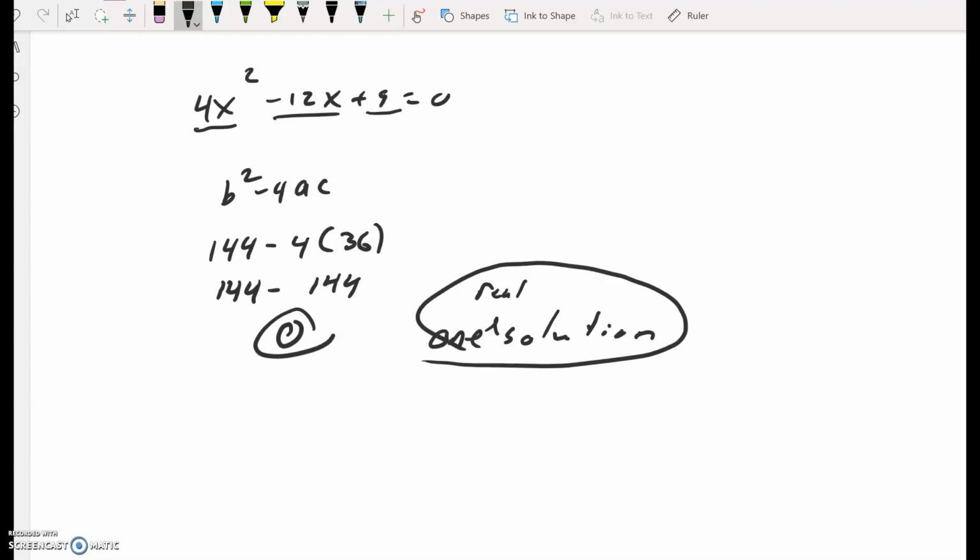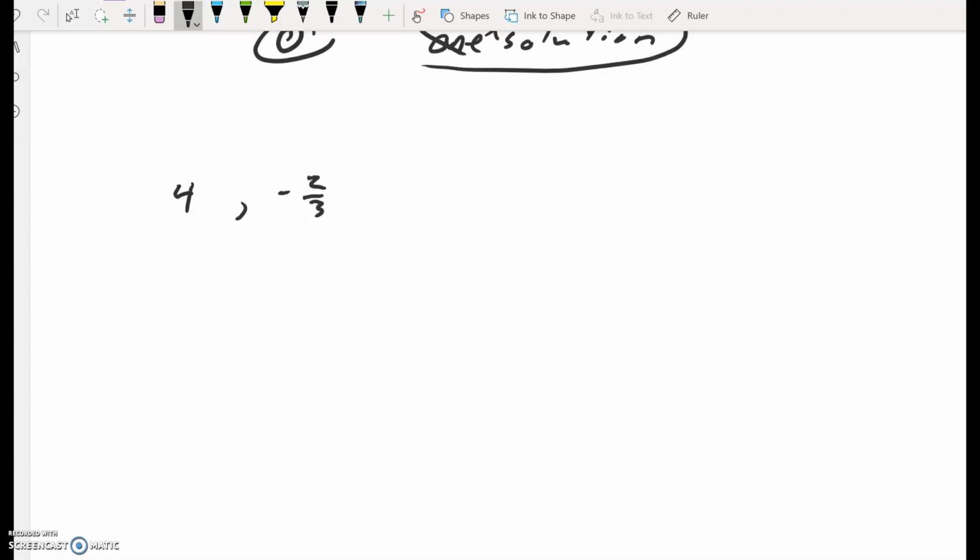Another kind of problem in section 11.3 is, can we work backwards? In mathematics, if you can do a problem forwards and backwards, you really understand it pretty well. So we're going to imagine a quadratic equation, something like this, where when we find its solutions, we get these two solutions.